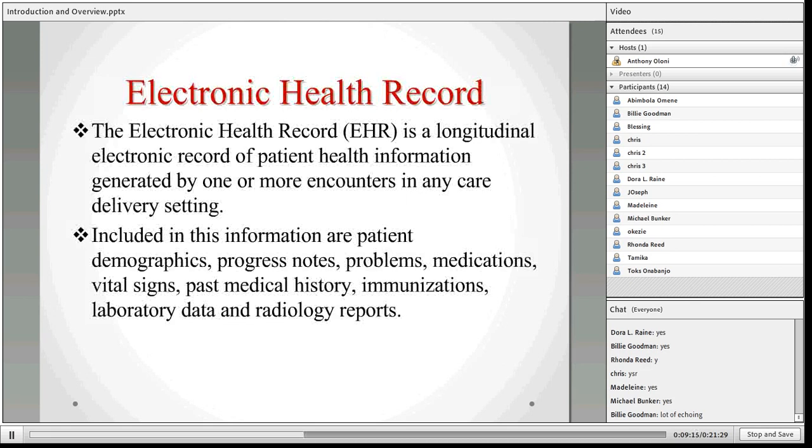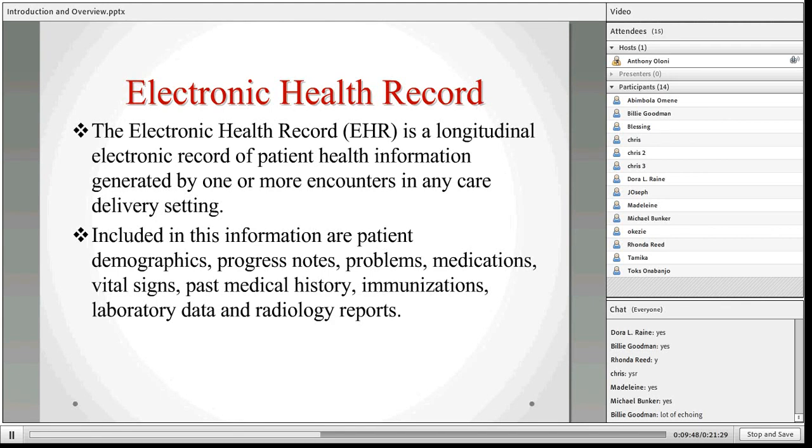So, we've talked about the National Health Information Network, or the nationwide information network. We've talked about the Regional Health Information Organizations, or the RHIOs, and the RHIOs come together to produce the national network. But of course, you have other health record entities that have to come together to form the RHIO.